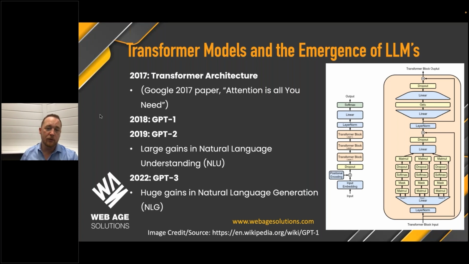And then GPT-2 had big advances in what has sometimes been called on the marketing side natural language understanding, NLU, where it's the ability to understand what it is processing or vectorizing, as opposed to natural language generation or NLG, which GPT-3 advanced, where it did a really good job generating human-like speech.